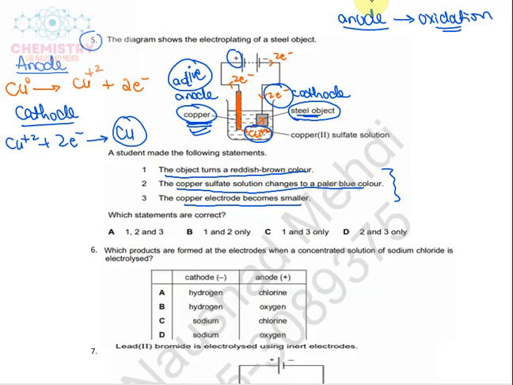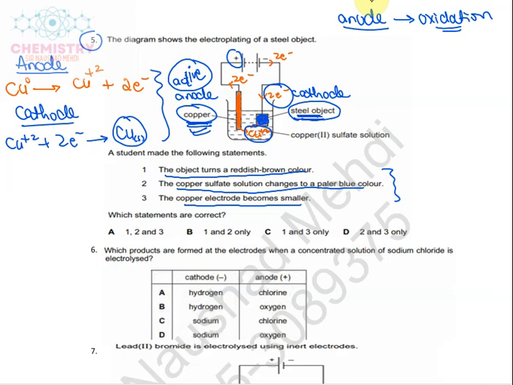Now this copper is formed at the cathode, and the cathode is made up of the steel object. So this copper will be deposited on the steel object. This is the phenomenon taking place behind this.